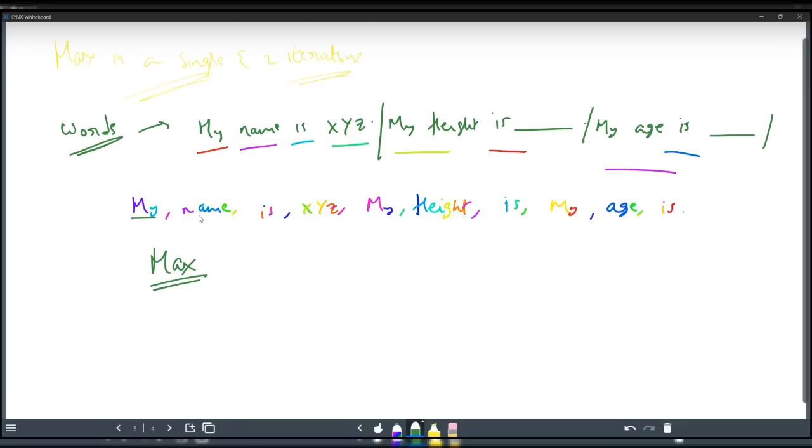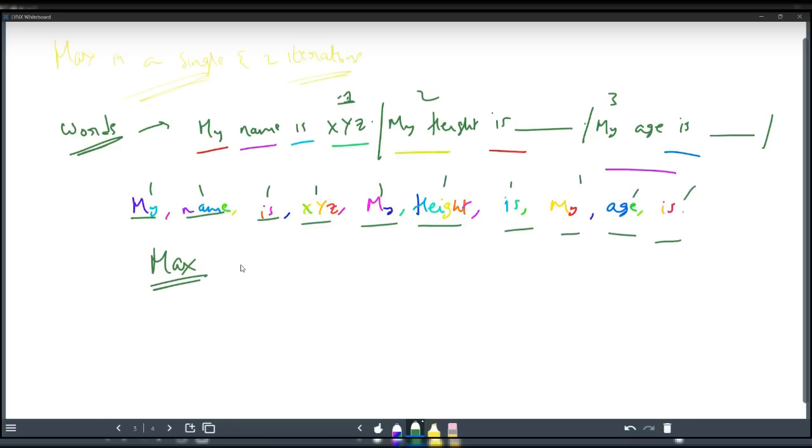Since our example is very short, with 3 sentences, we can do it manually by reading the words. The first word is my, it holds a value 1, name 1, is 1, XYZ 1, my 1, height 1, is 1, my 1, age 1, is 1.